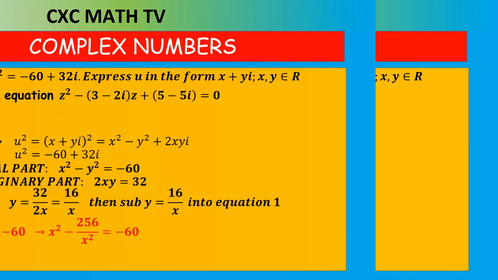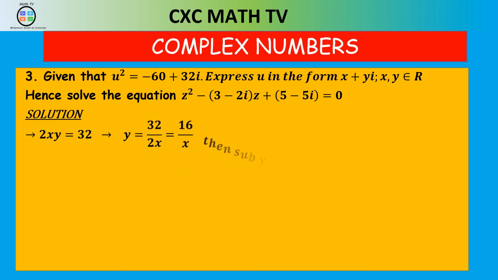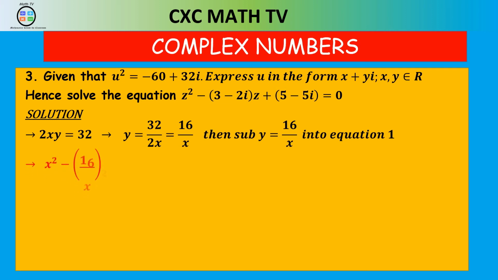Now we just multiply through by x squared. By multiplying through by x squared, we end up with x to the 4 plus 60x squared minus 256 equals 0. Of course, we had to reshuffle and bring everything to one side. We can then let m be x squared, and this is just a quadratic: m squared plus 60m minus 256 equals 0.